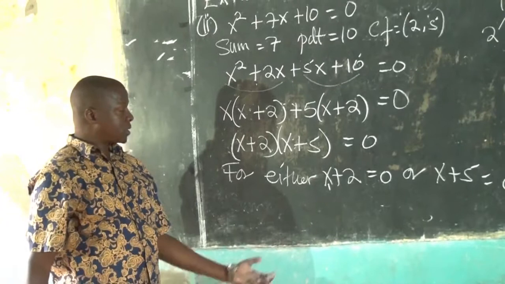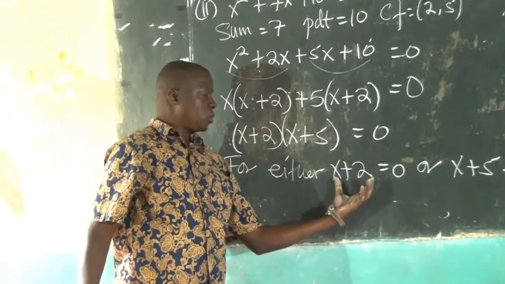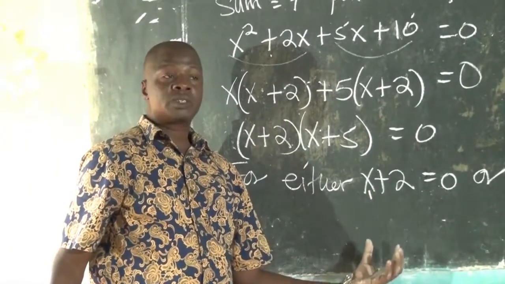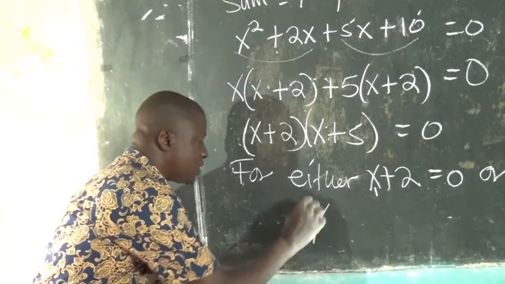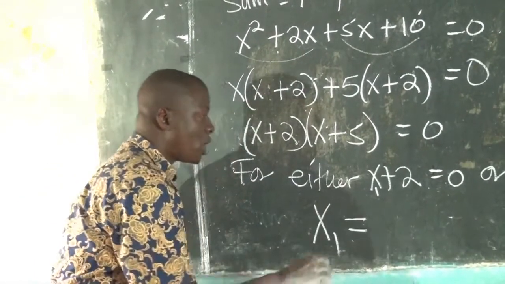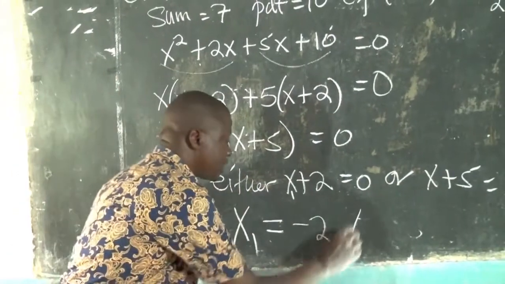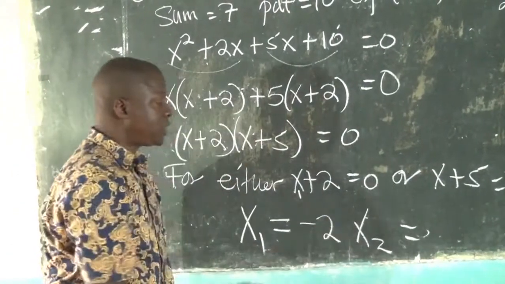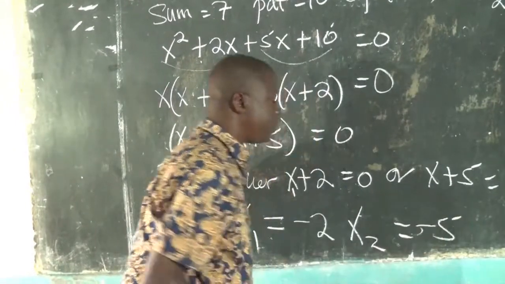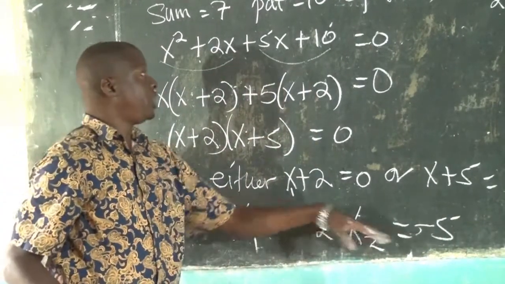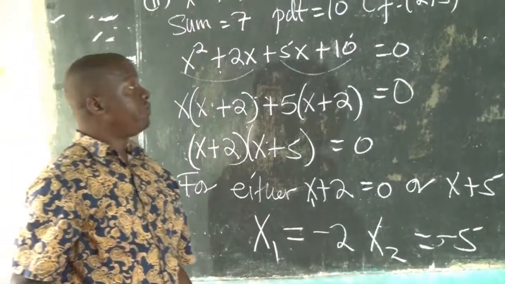Dear students, I said when it is positive, just take a negative. Our x value, x1, is negative 2. Also here, x2 is negative 5. So these are the roots of the equation in that form.